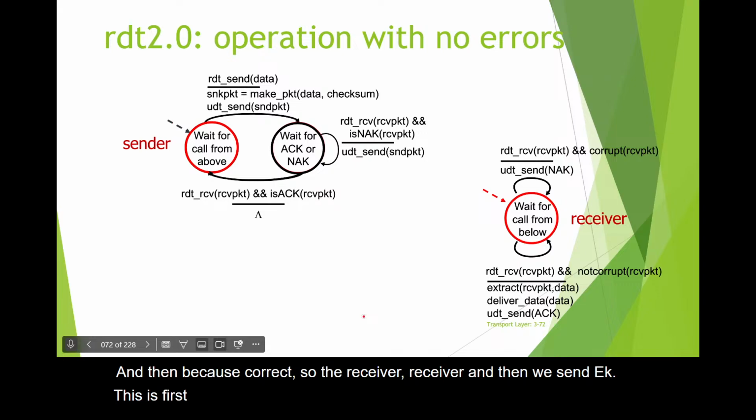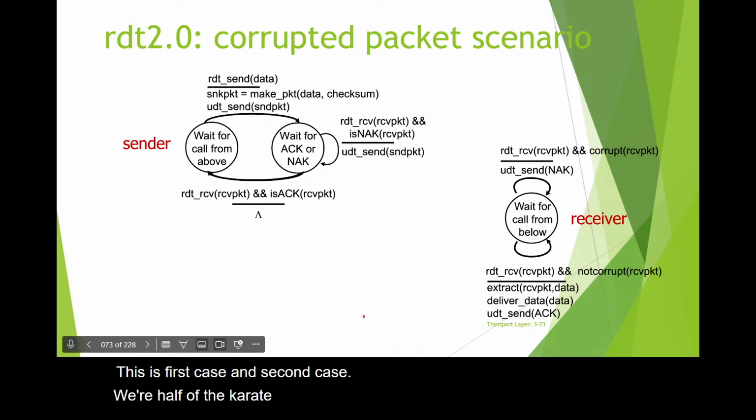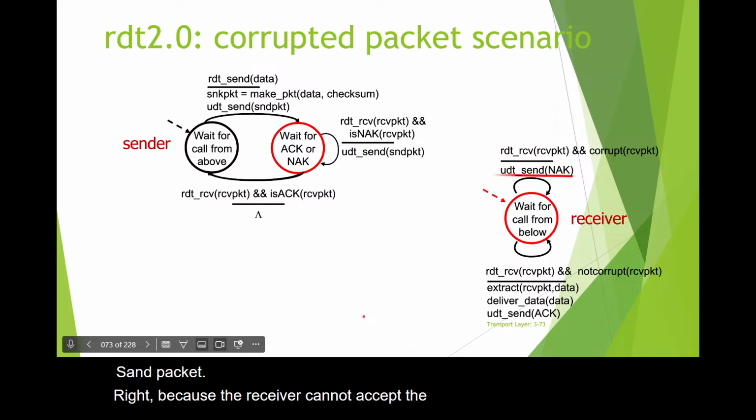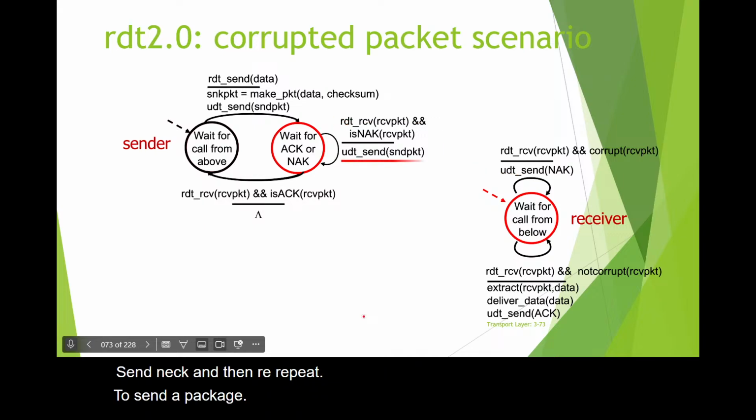And second case, we have the corrupted packet that says, I cannot receive it correctly. Then we have the case here. Send packet, right? Because the receiver cannot accept the packet. So we send NAK. Send NAK, and then we repeat to send the packet. You see, repeat. By this time, it's correct.